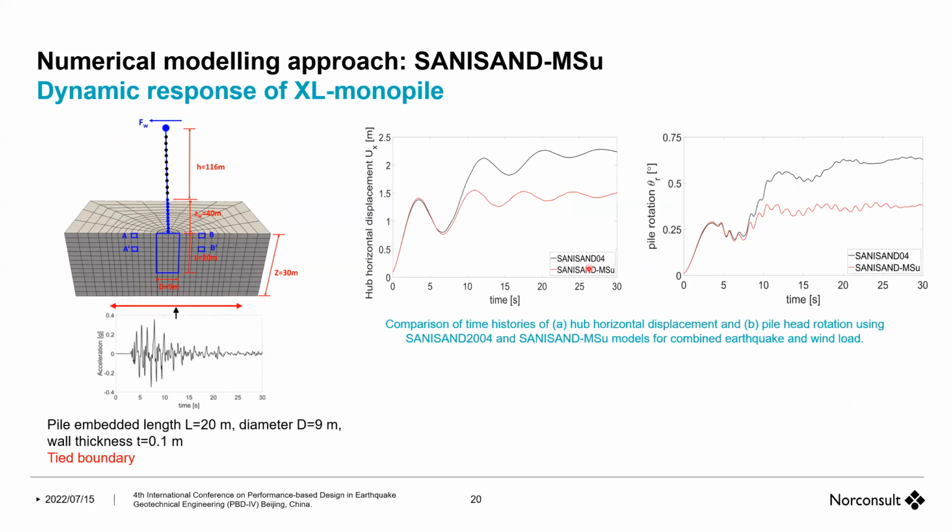The focus here is what would happen if we use the models of 2004 versus the more advanced ones with memory surface. This shows the displacement on top, and this shows the rotation of the monopile. They are basically the same information, because the response on top is the rotation times height. So we could look at only one curve.